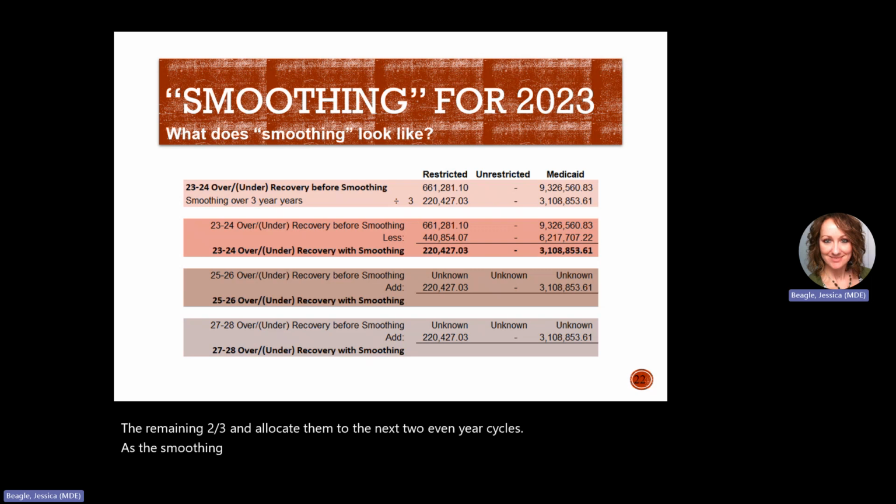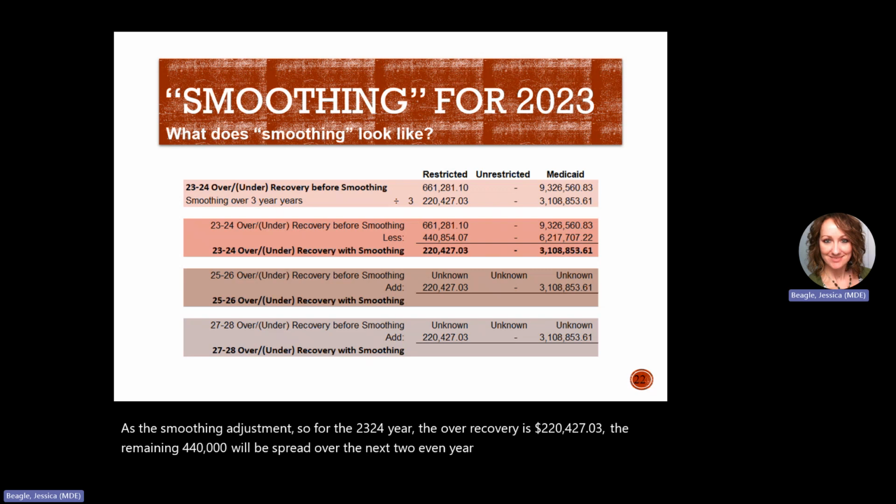So for the 23-24 year, the over recovery is $220,427.03. The remaining $440,000 will be spread over the next 2 even year cycles, meaning we'll add that $220,000 to both the 25-26 and the 27-28 over or under recovery amounts from those calculations.